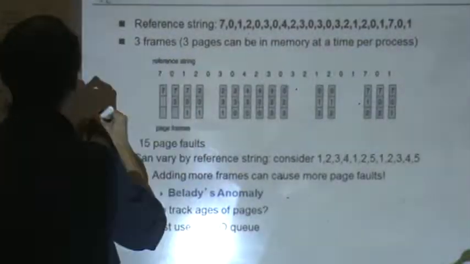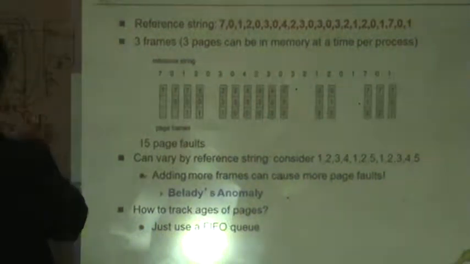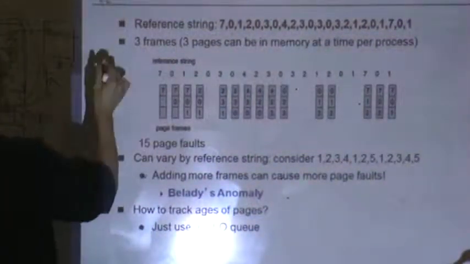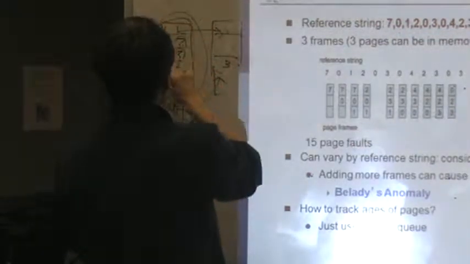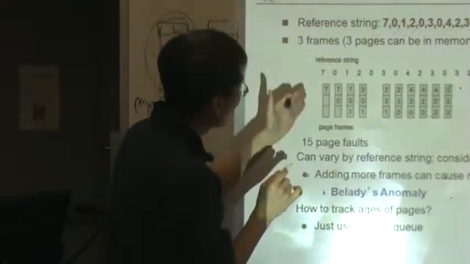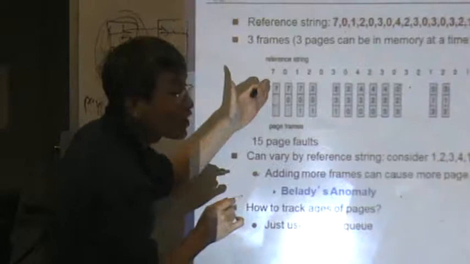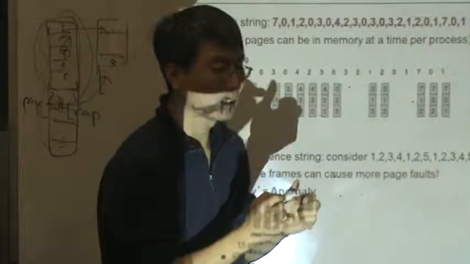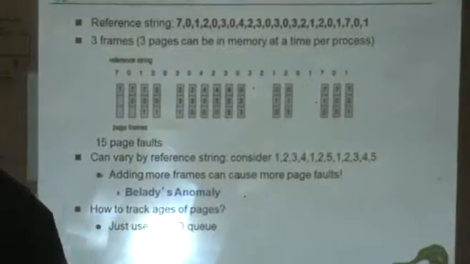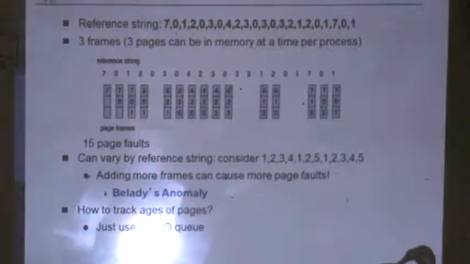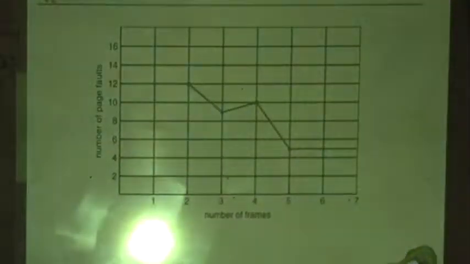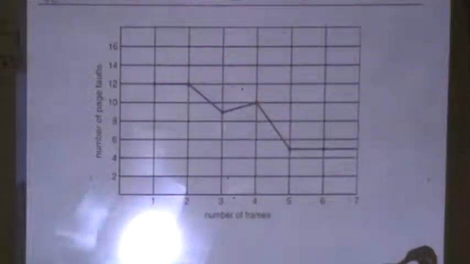Page string. At this time, the program is a little bit larger than the previous example. So 0 through 7 is a total of 8 pages. Okay, we will use a 3-page frame physical memory, and a 4-page frame. Okay, you can see. So Belady's anomaly like this one.